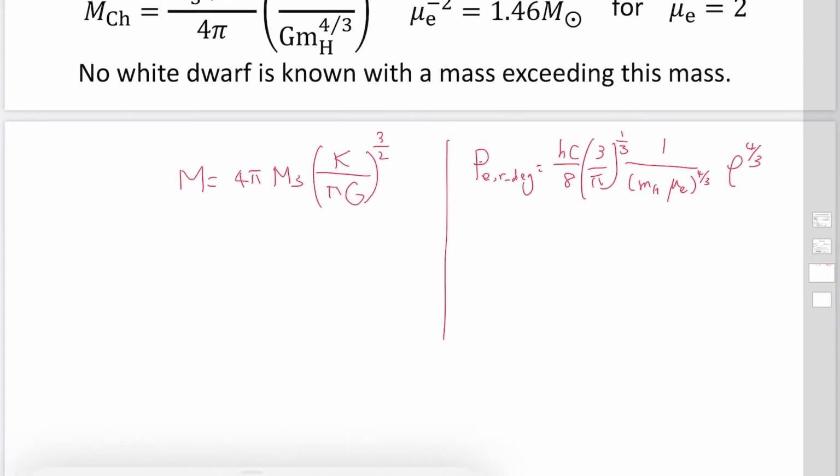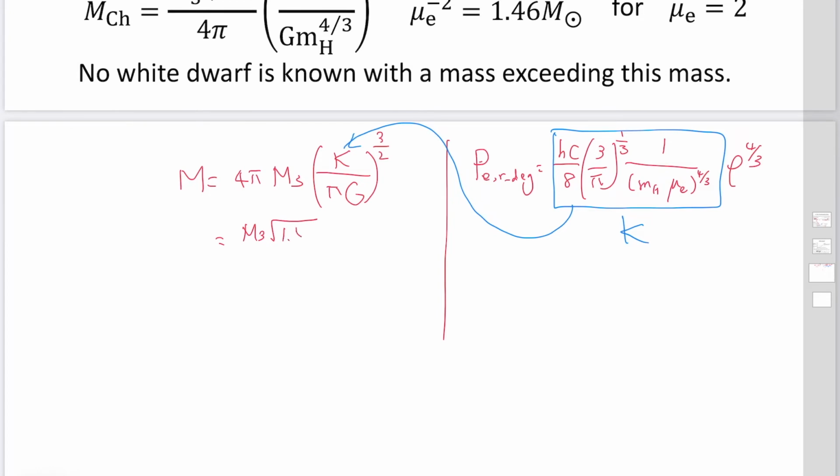Then this part corresponds to K. Substitute this K into these equations, and then you will get M equals M_3 times the square root of 1.5 over 4π, times (hc/(G m_H^(4/3)))^(3/2), times 1 over μ_e squared.